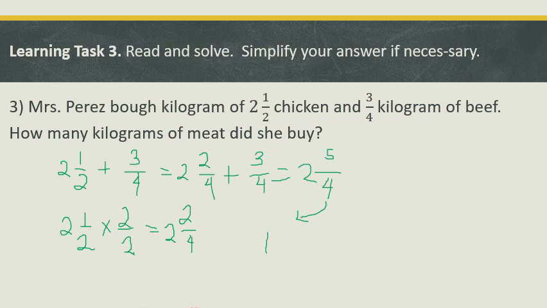So, kaya siya ay magiging 1 1/4. So, plus 2. So, 2 plus 1 is 3. Then, kopyahin natin yung 1/4. So, kaya ang total na binili ni Mrs. Perez ay 3 and 1/4 kilograms.